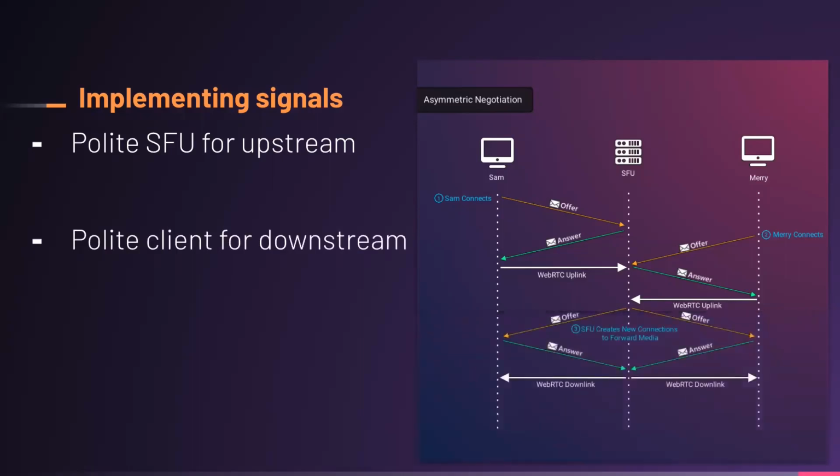Similarly, the client is polite for the downstream connections. So the logic is reversed, where this time what's consistent is the SFU is aware of new peers joining the call. As a result, it will be the one making offers specifically for downstream connections. We'll create an offer to negotiate new consumer connections, which avoids issues with negotiation.